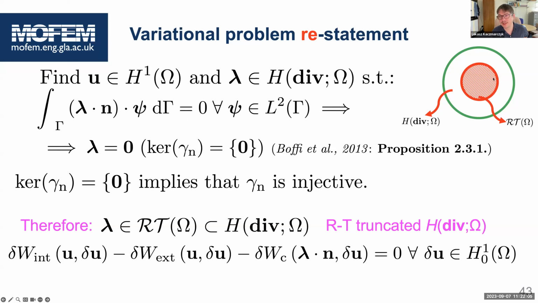So then you will have a Raviart-Thomas space, and there will be a one-to-one mapping, and as a result we have this injection. So in our formulation, we will approximate the Lagrange multipliers in RT space.